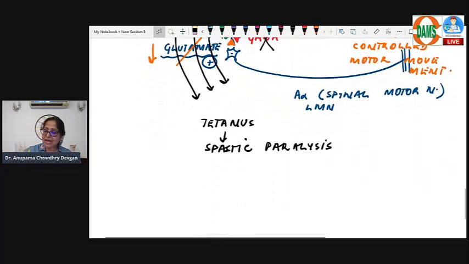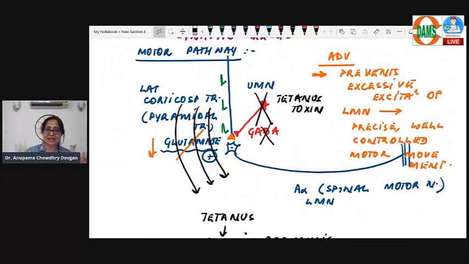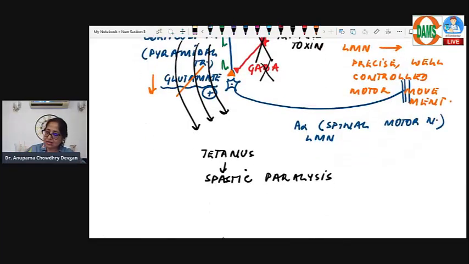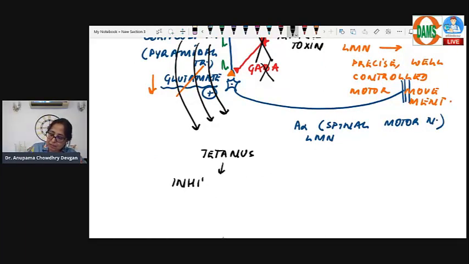So what happens is, when tetanus inhibits the release of GABA, there is an excessive release of glutamate. Yes. So what is the effect of tetanus toxin? It inhibits the release of GABA. It inhibits the presynaptic inhibition.